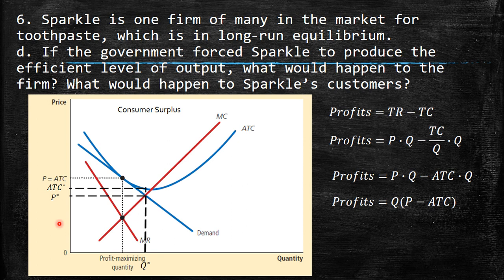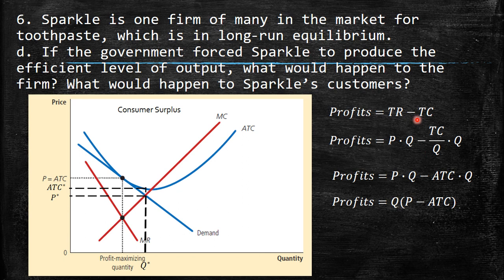But how can we grasp that from the equation? So here we have the profits. Total revenue minus total cost is equal to the profits. Total revenue we can express as P times Q, the price times the quantity. For total cost, we can make a trick.